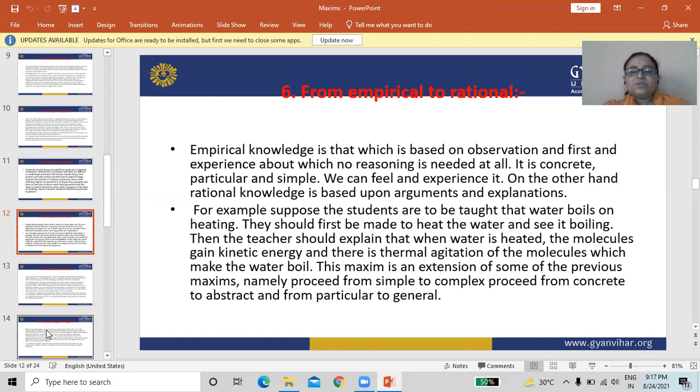Then the teacher should explain that when water is heated, the molecules gain kinetic energy and there is a thermal agitation of the molecules which makes the water boil.